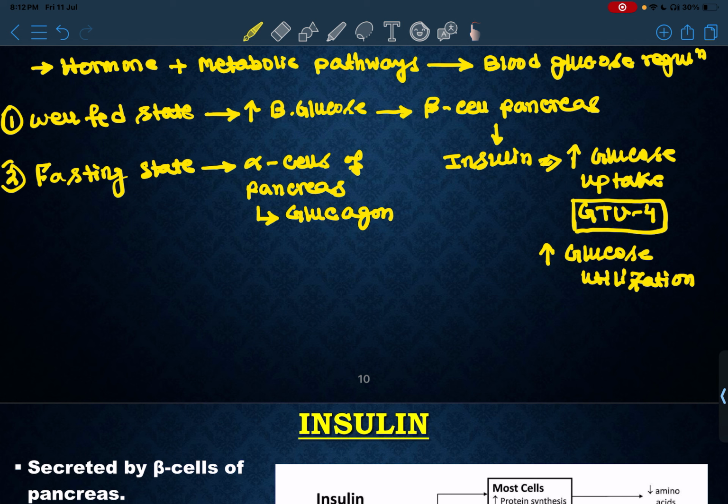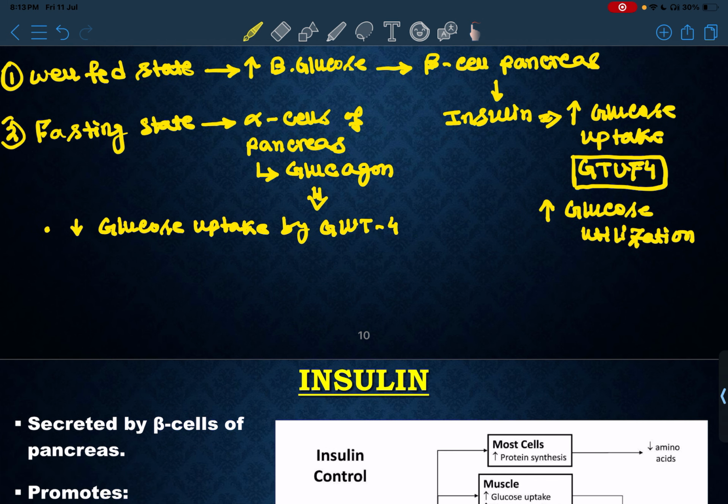This glucagon firstly decreases the glucose uptake. Insulin was increasing the glucose uptake by GLUT4, and glucagon is decreasing the glucose uptake by GLUT4.